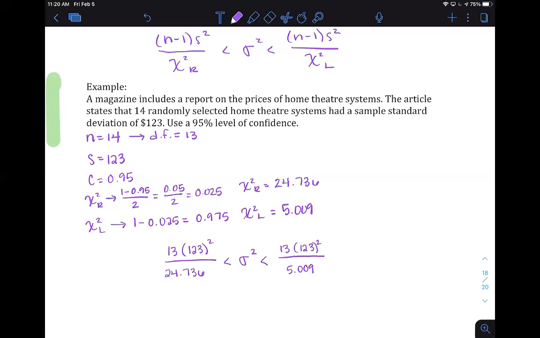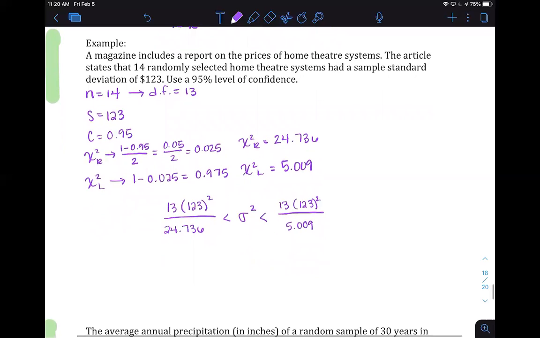Okay, so let's go ahead and find the confidence interval for both the variance and the standard deviation. So remember, we want to make sure that we don't round in between.